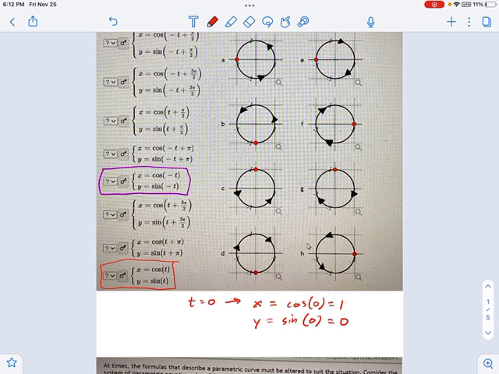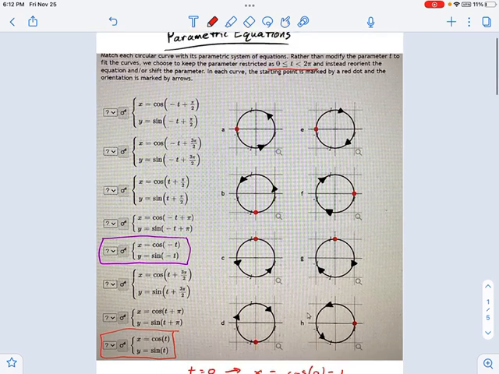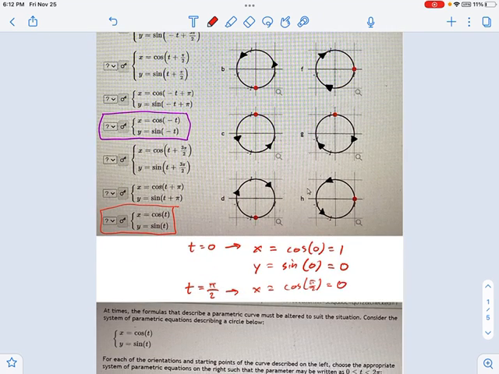Okay, and what happens as you move to greater t values? Remember, t goes all the way up to 2 pi. If t were equal to pi over 2, for example, x equals cosine of pi over 2, which equals 0. And y equals sine of pi over 2, which equals 1. So that's the direction we're going in here.